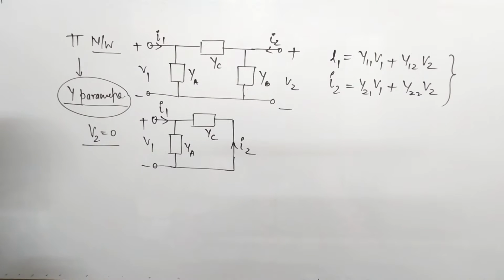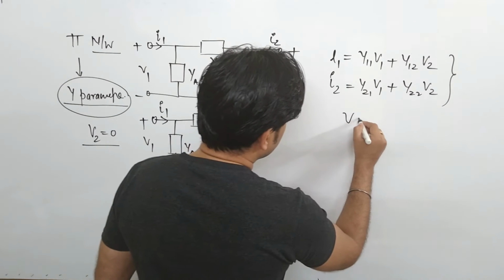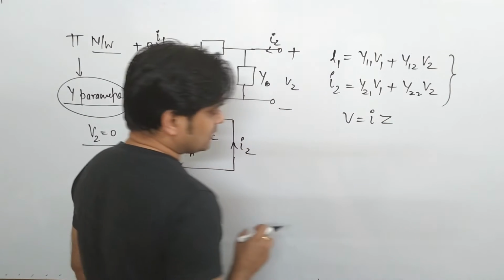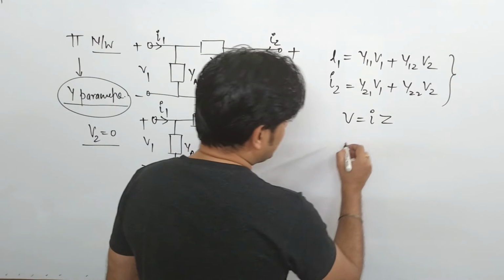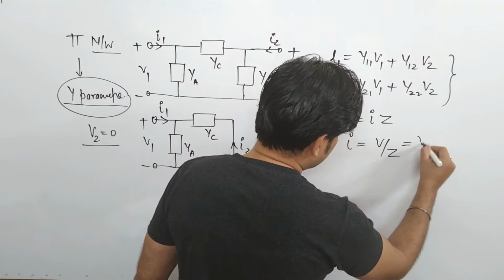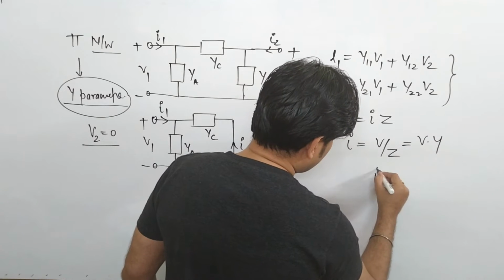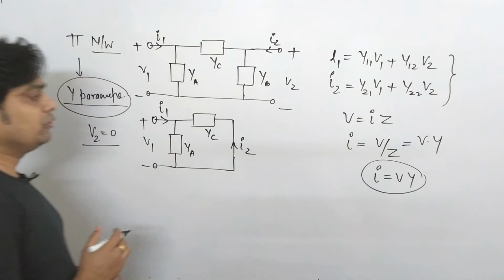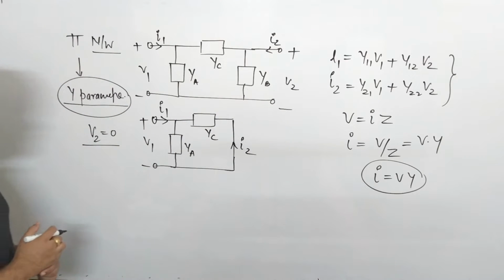Now under this condition, how do we find the Y parameters? See, V is basically I into Z, where Z is known as your impedance. But when you find I, that comes to be V by Z or 1 by Z, which you can refer to as Y. So here I is V into Y. Don't get confused.